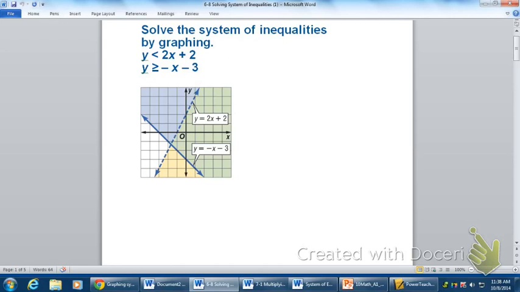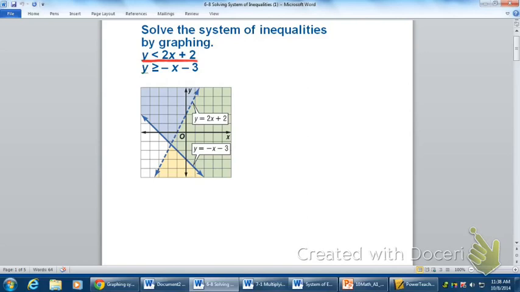Okay, so let's look at this first equation, the top one. All they did was, if you look below it, they graphed this equation out. They have y equals 2x plus 1. They made their line dotted. And the last step to this is the sign is saying y is less than.